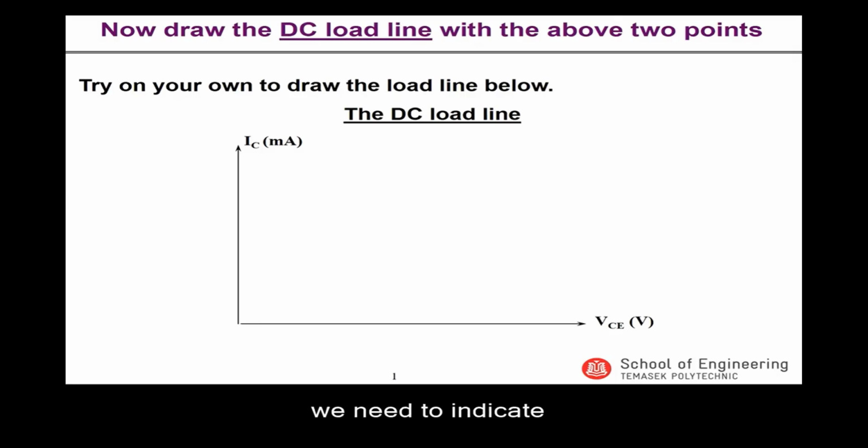Before we do so, we need to indicate where the IC sat and VCE off points are. The 2.44 milliamp current lies on the y-axis and is the IC saturation current. The 10 volts voltage lies on the x-axis and is the VCE off voltage.